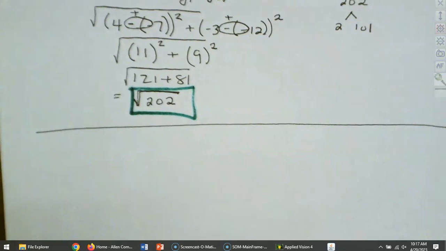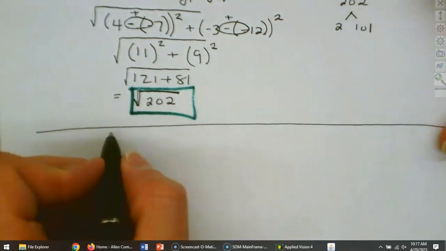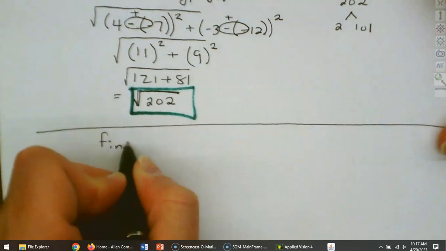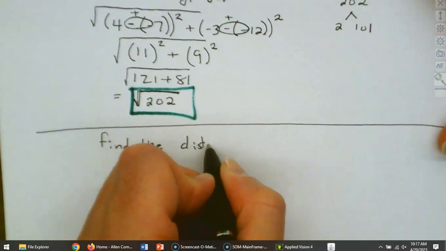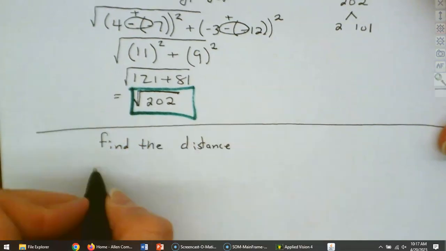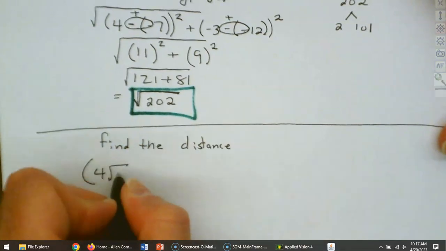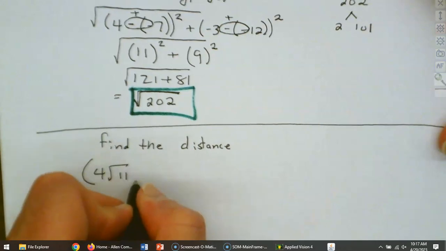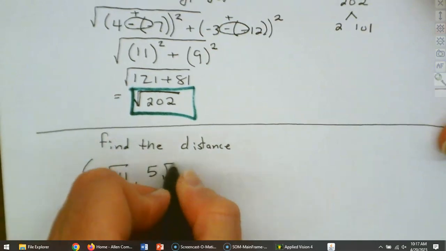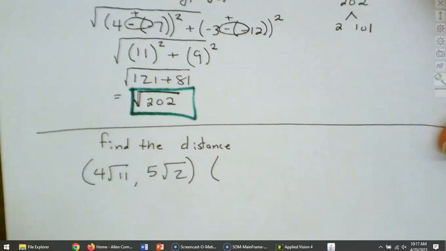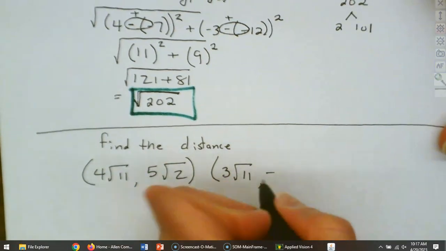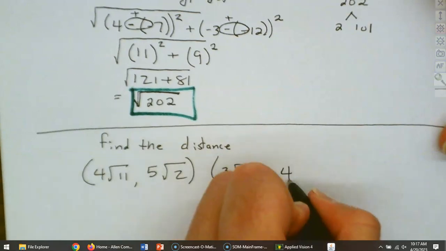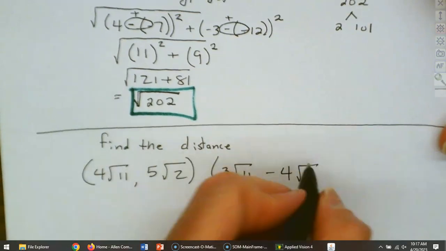Now you can also have square roots in these. So let's again find the distance. About 4 square root of 11, comma, 5 square root of 2. And about 3 square root of 11, comma, minus 4 square root of 2.